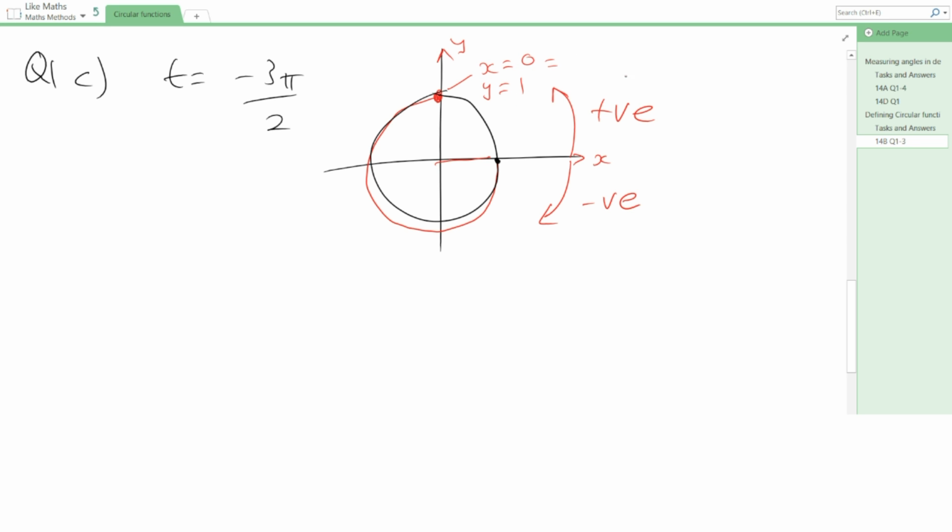We know that at that position cos of the angle, so cos of t, is 0, and y is given by the sine of the angle, so sine of t is equal to 1.